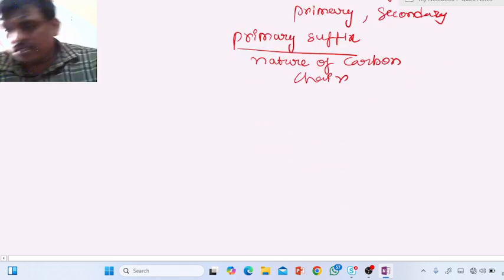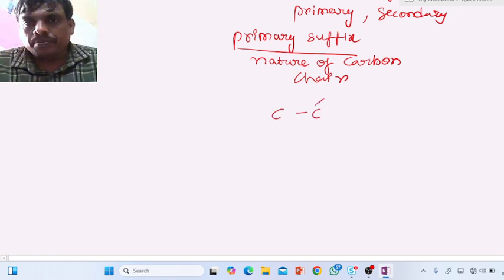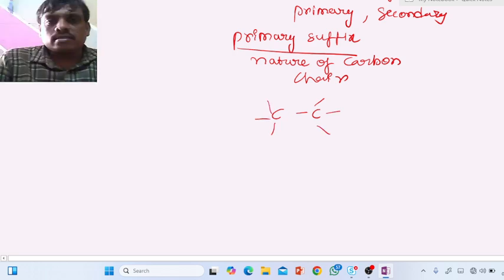For saturated, carbon is mentioned like this, it can form single bonds like that. Let us mention it as a saturated one.